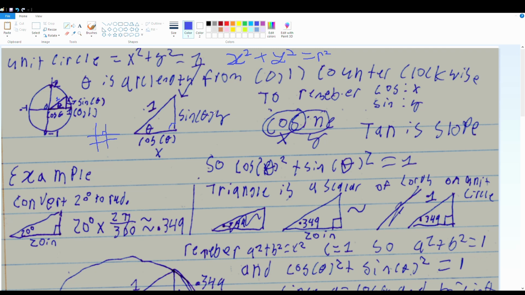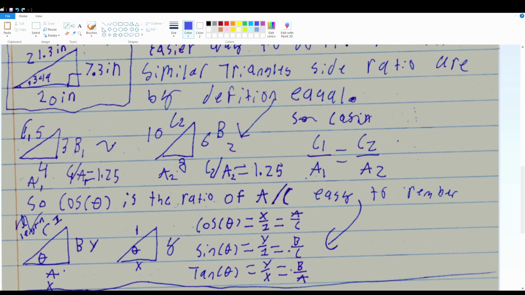And so this is going to be cosine theta and sine theta. And so, we know that cosine theta is equal to x over 1, which is equal to A over C, where this is C and this is A. Sine theta is y over 1, which is equal to b over c, and tan theta is y over x, which is equal to b over a.